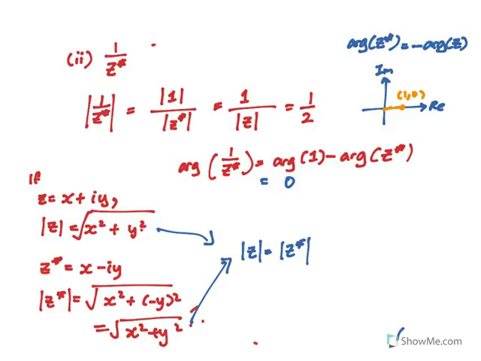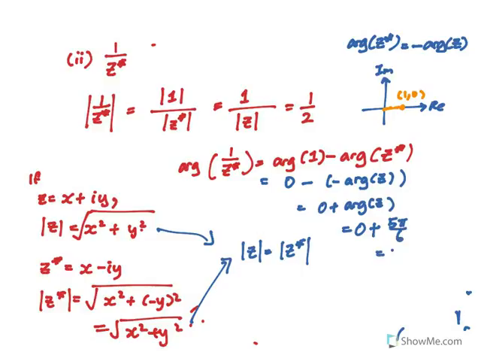The argument of Z asterisk is the negative of the argument of Z, so minus the argument of Z asterisk is the same as 0 plus the argument of Z, which is 0 plus 5 pi over 6. The answer turns out to be 5 pi over 6.